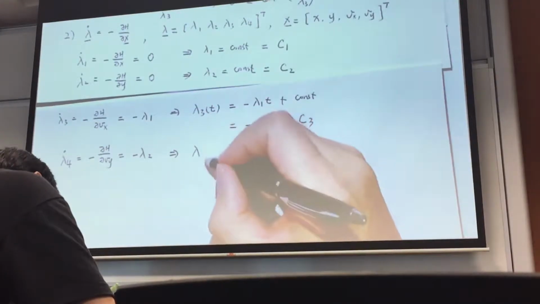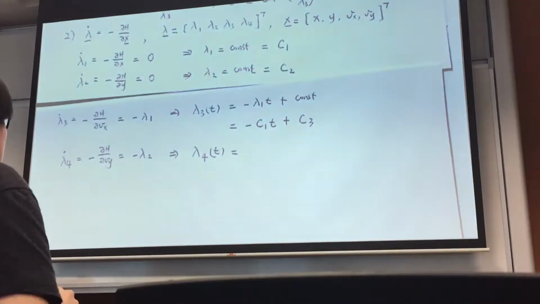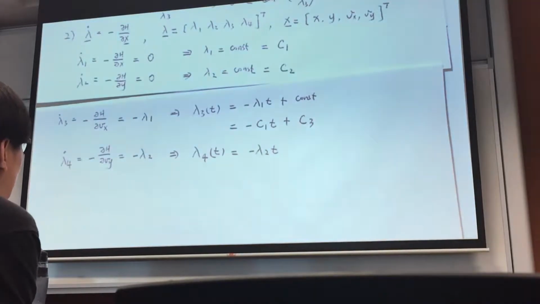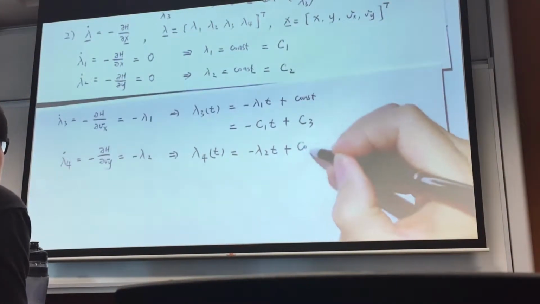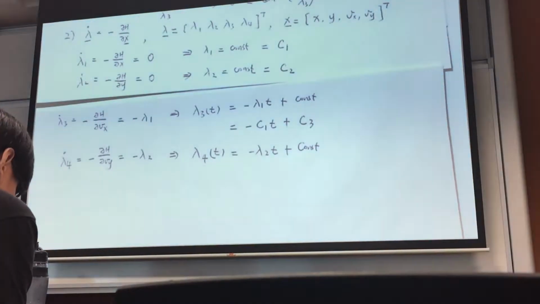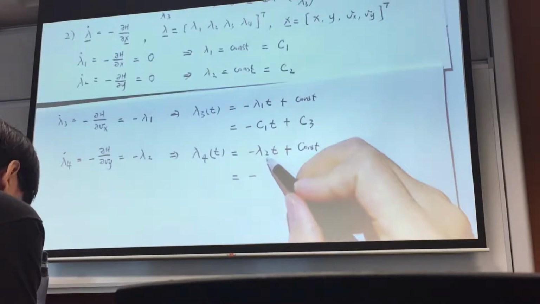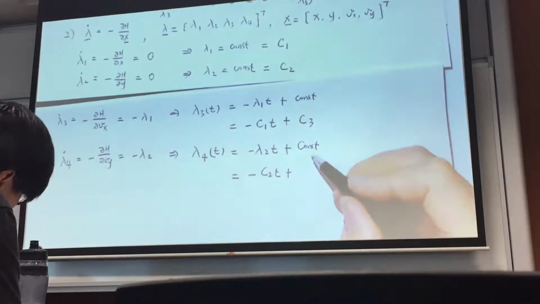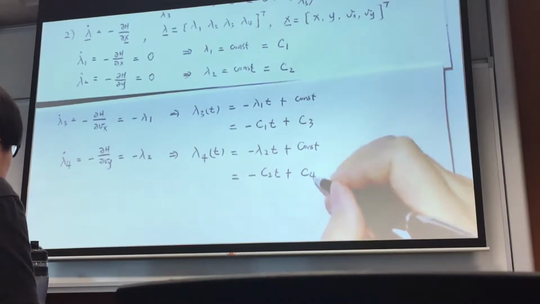Similarly, we may derive lambda 4 of t equals minus lambda 2 t plus another constant. So we define lambda 2 equal to C2, so it's minus C2 t plus another constant, C4.